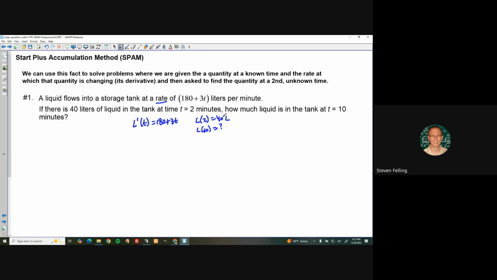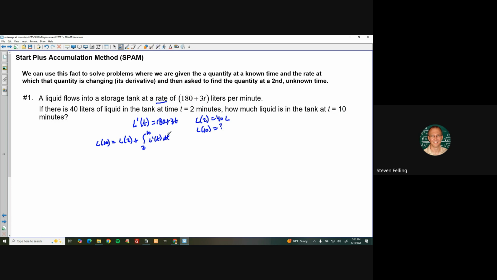We're being asked to find the amount of liquid at time 10. So I have a starting amount, I have a rate of change of that quantity as a derivative, and I want to find an ending amount. So the start plus accumulation method says to find L at the end, at time t is 10, we're going to take the amount at time 2, and we're going to get the accumulation by integrating from the start time to the end time of L prime of t.